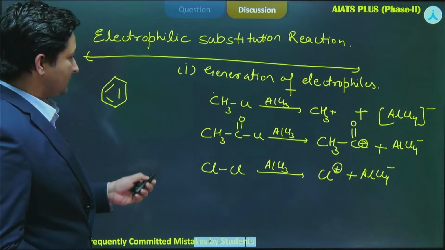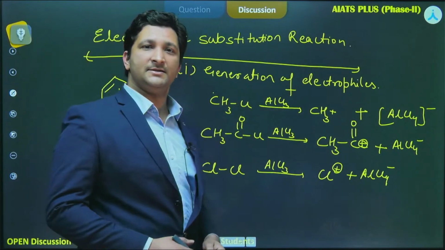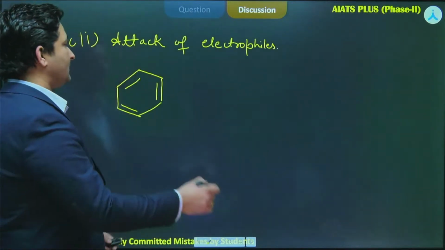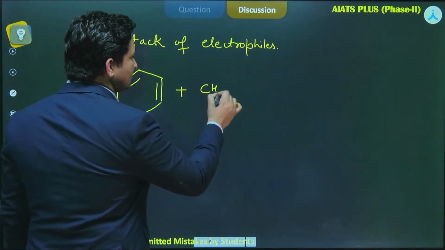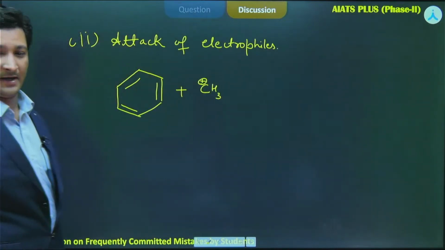Okay, now let's come to this question. You can see here that electrophiles have positive charge. Positive charge means they lack electrons, and they will try to get these electrons. Suppose we are talking about CH3 plus. Okay, now what will happen?